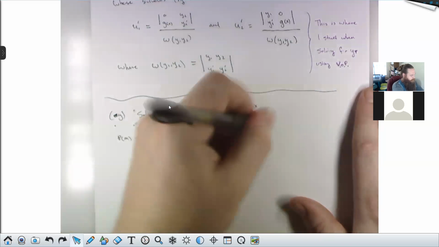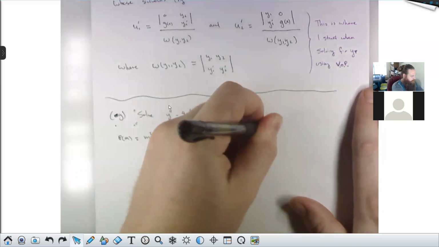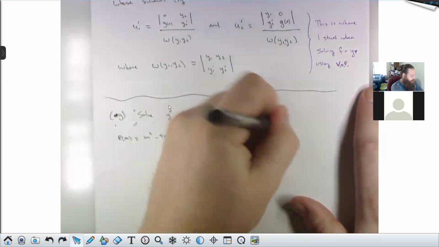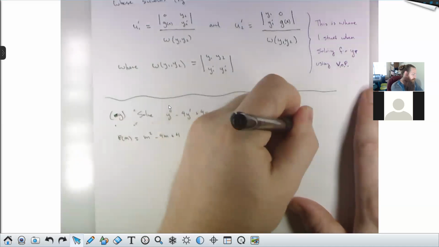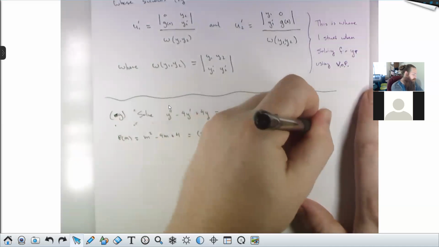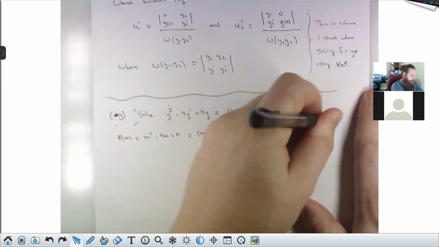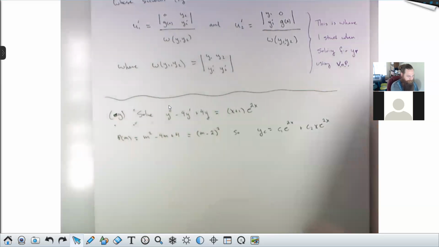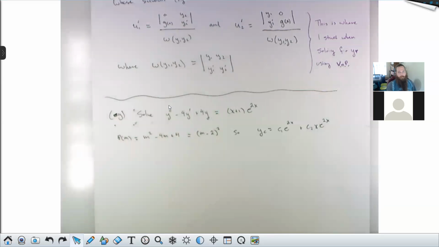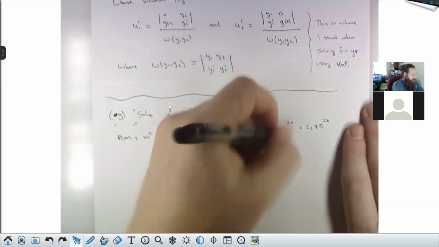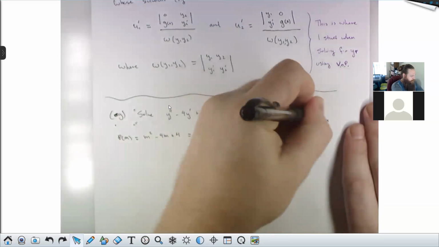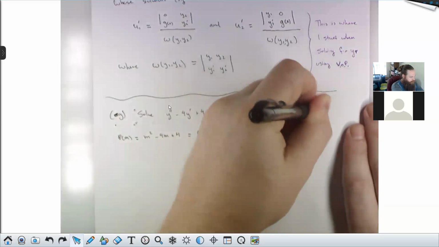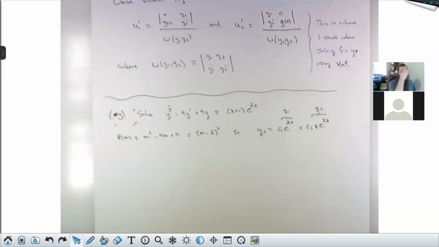So the complementary solution, because you have a repeated root here, I would write as c1 e to the 2x plus c2 x e to the 2x. In other words, y1 is e to the 2x, and y2 is x e to the 2x.